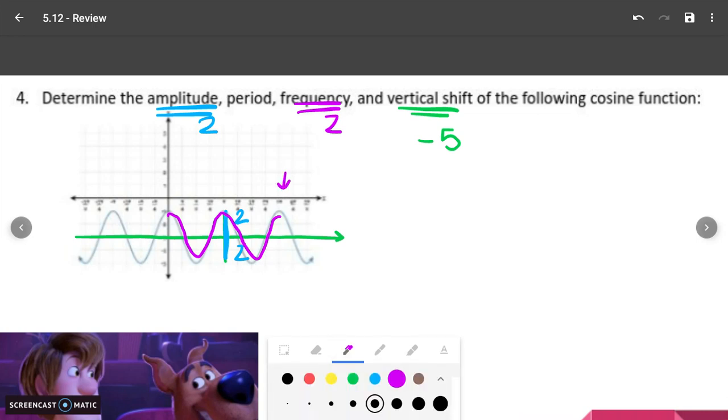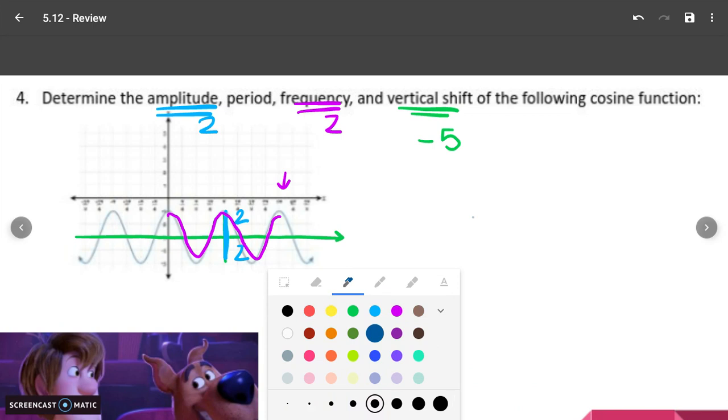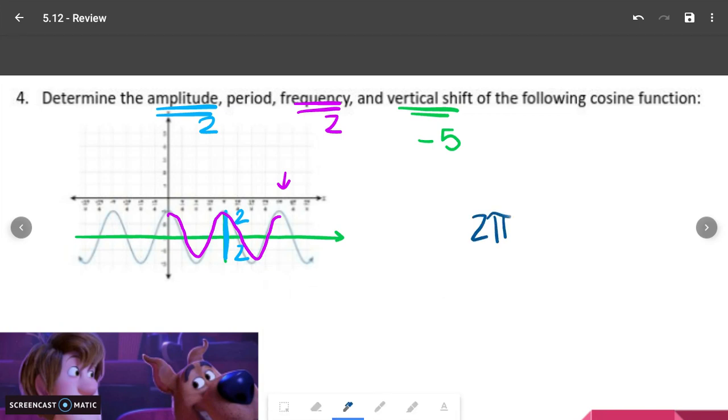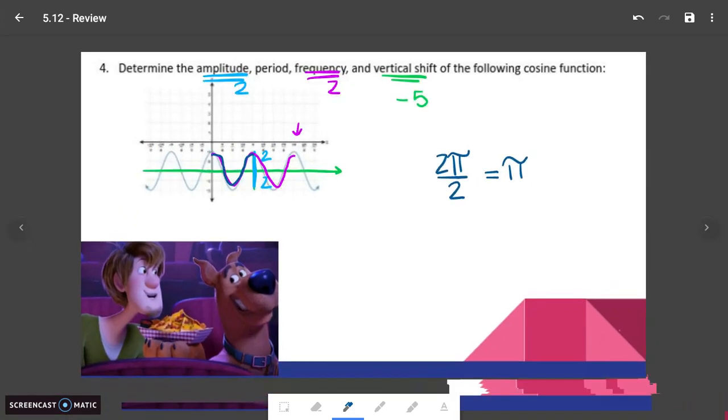Okay, and then remember our period is always just 2 pi divided by that frequency, which is pi. And in this case, it makes sense because look, 1 full cycle finished by pi. So I could have also just looked at that part of the graph.